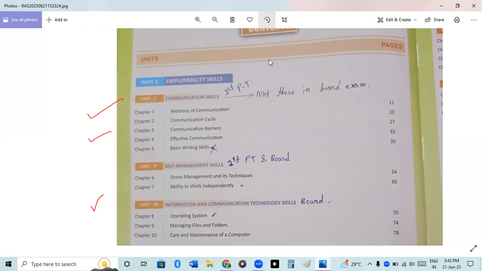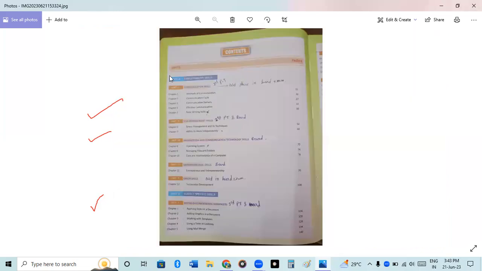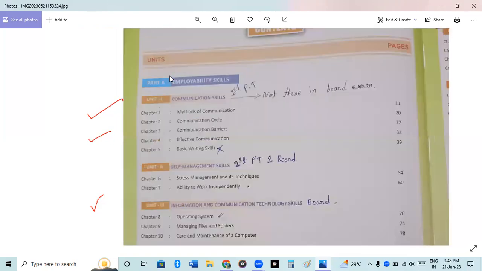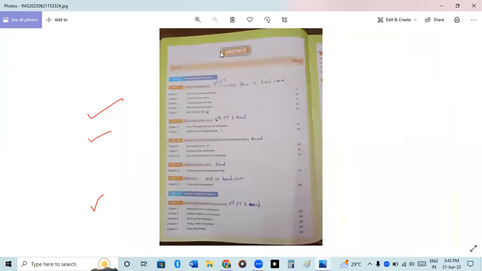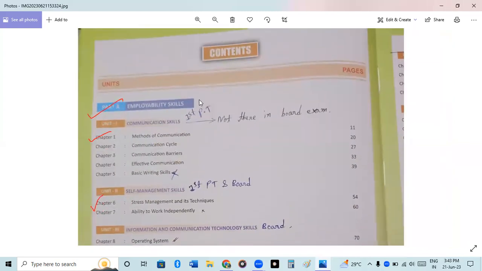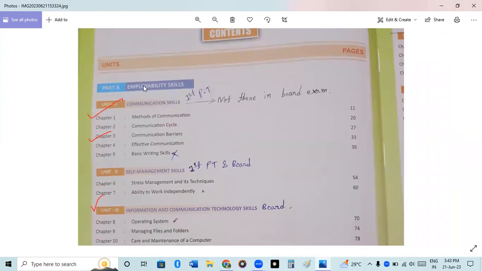But in class 10, the book which I will use has the benefit that under every unit there is a subdivision of chapters. Suppose it is unit 1, communication skills. Under communication skills, what topics and chapters will come is mentioned here.